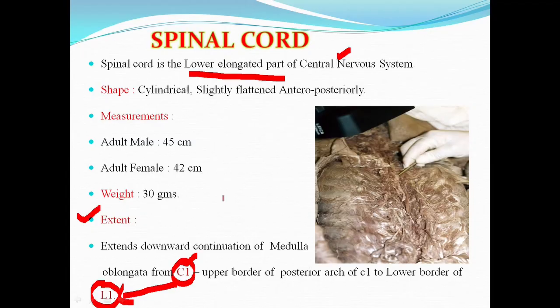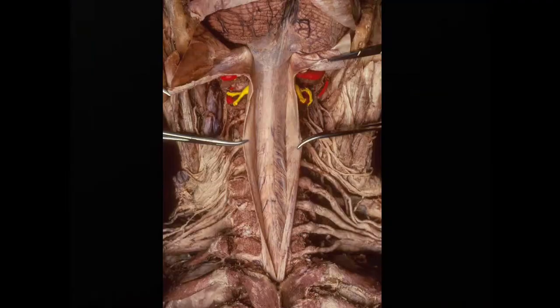From L2 to the tip of the coccyx, in the next sessions we'll talk about the filum terminale. So now this is the picture. You can see the lower continuation of the medulla oblongata continues as the spinal cord, and it is covered by the meninges.